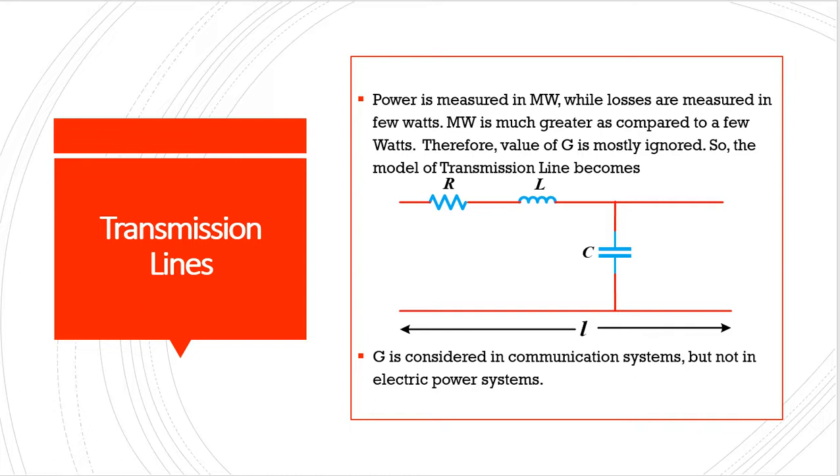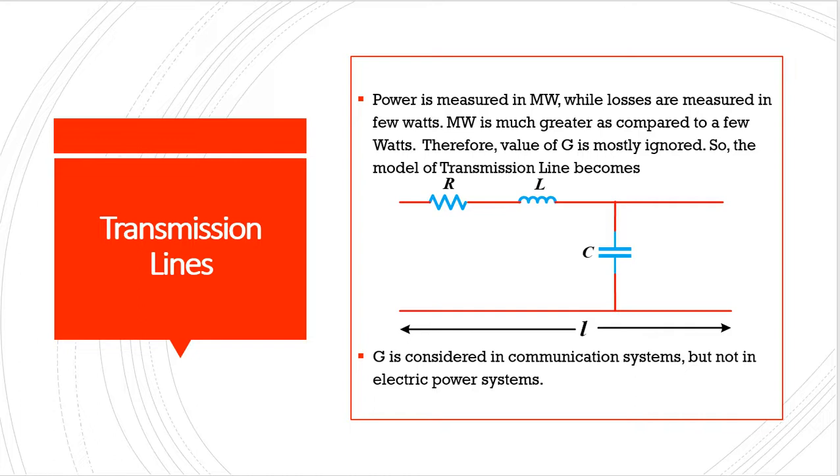G is considered in communication systems. Actually, this conductance part is considered in the communication system. Why do we consider it in communication? Because we have to work on very low voltage or very low current in order to turn on and turn off communication devices. To turn these devices on and off, we require very few millivolts or very little current.